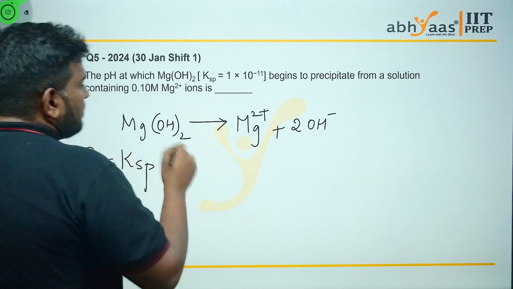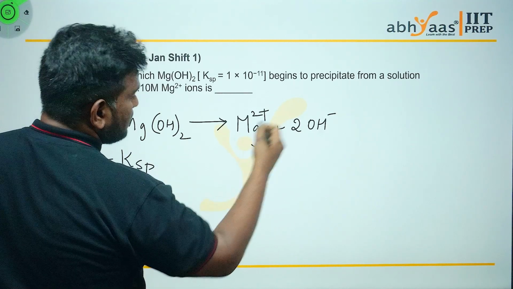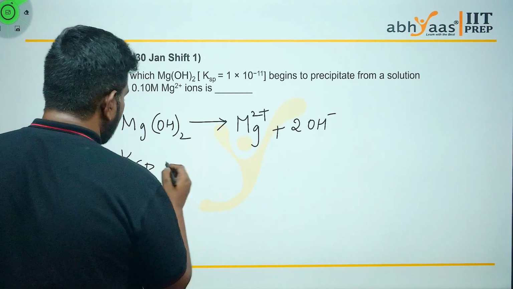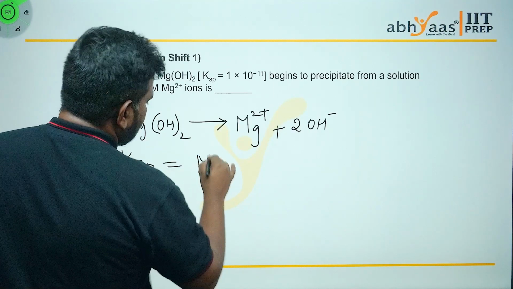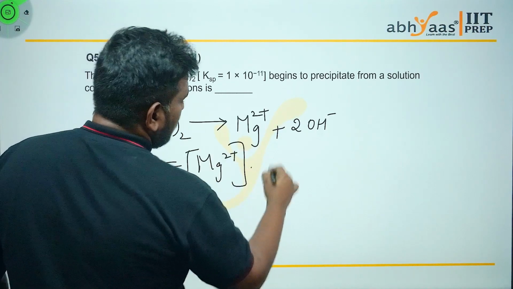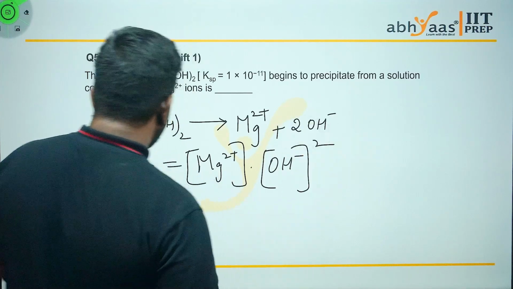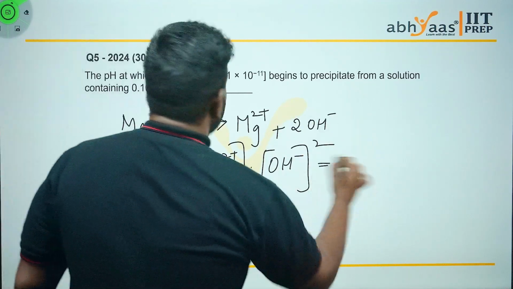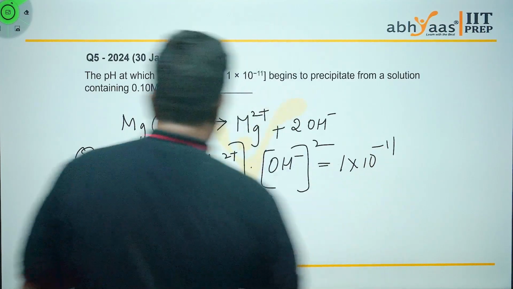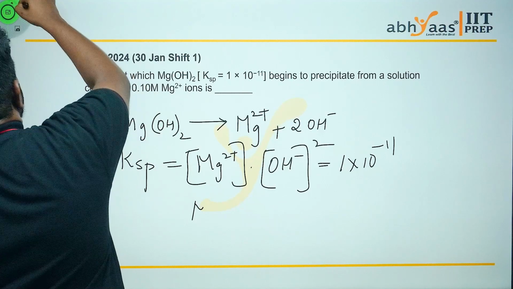So we will be writing the Q here. What is the Q? The product of Mg2 plus and OH minus ion concentration. So we can write KSP is equal to Mg2 plus concentration into concentration of OH minus raised to 2. So what is KSP here? It is given as 1 into 10 raised to minus 11. What is the concentration of Mg2 plus?